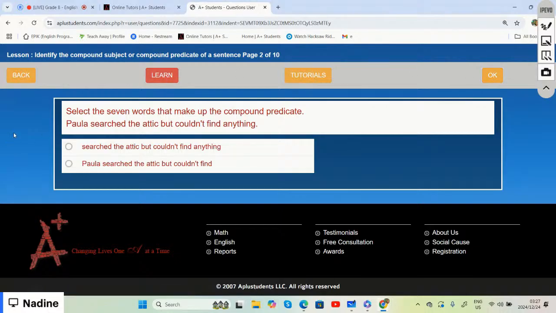We need to select the seven words that make up the compound predicate. It says Paula searched the attic but couldn't find anything.